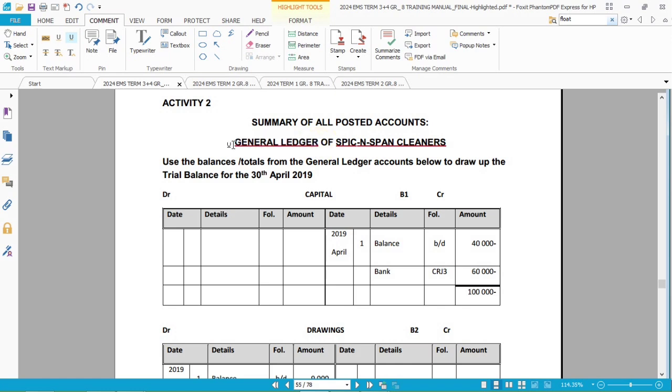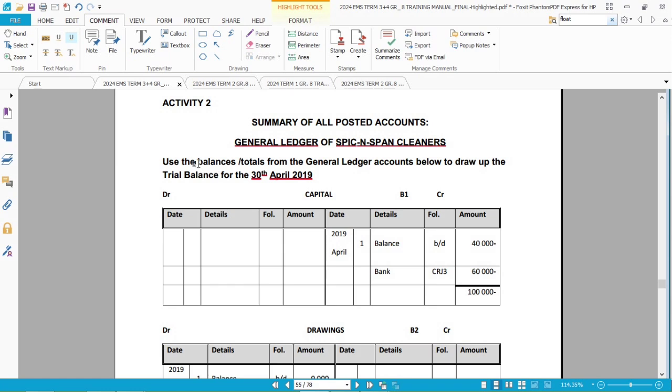As I said, from our accounting cycle, we move from step 4 to step 5, from the general ledger to the trial balance. It says here the information required: use the balances and totals from the general ledger accounts below to draw up the trial balance for the 30th of April 2019. This is our reporting period, which is very important, the last day of the month.